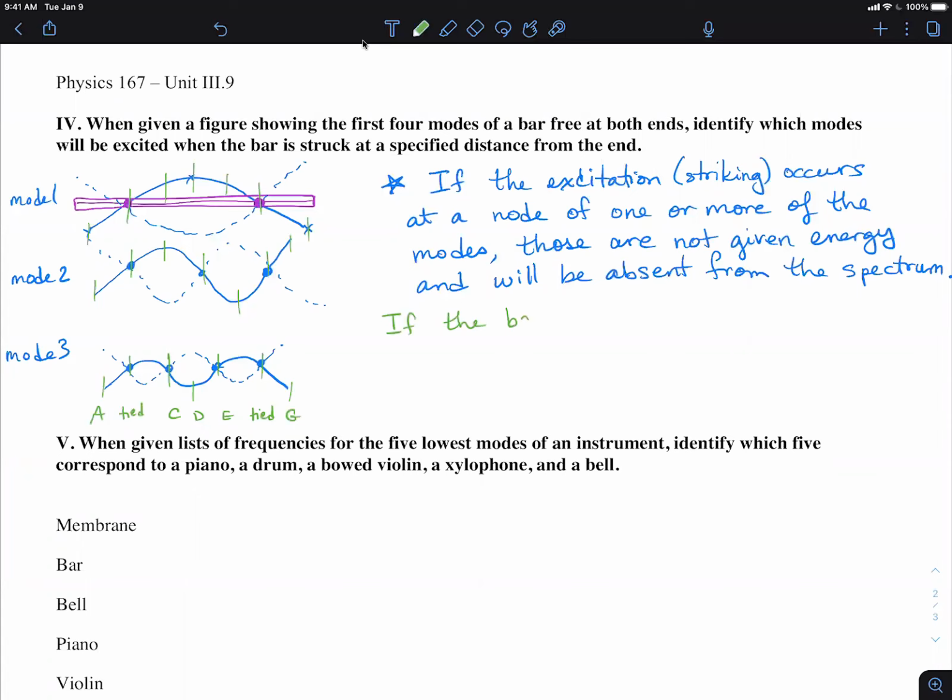Okay. If the bar is struck at point D, okay, so this point D right here, the even modes 2, 4, 6, 8, will not appear in the spectrum.